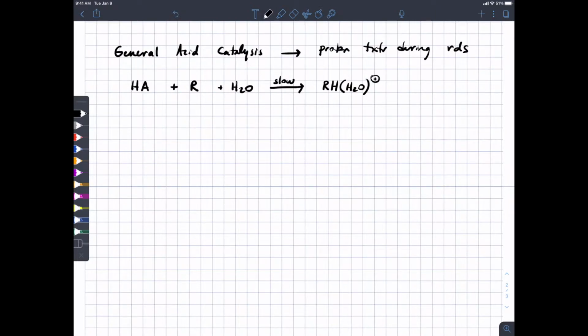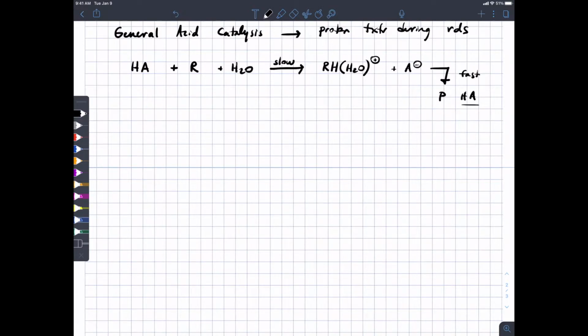Think of this like ketone hydration as an example, with the conjugate base of your acid, and then you've got subsequent fast conversion to your product, whatever it is, and reformation of your acid.